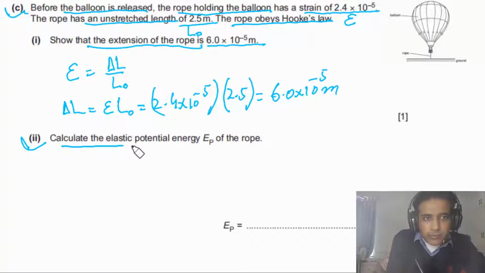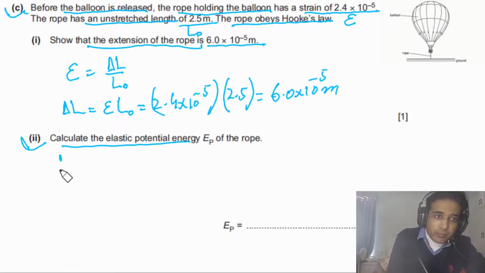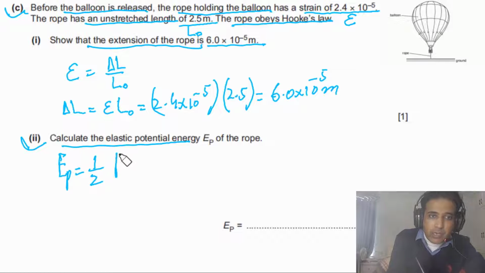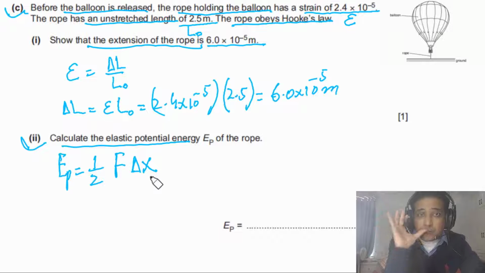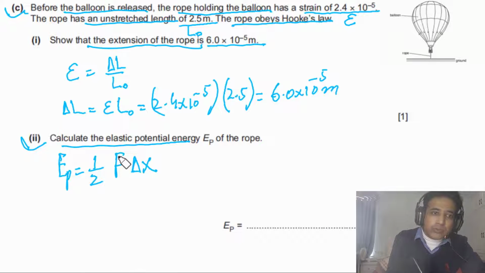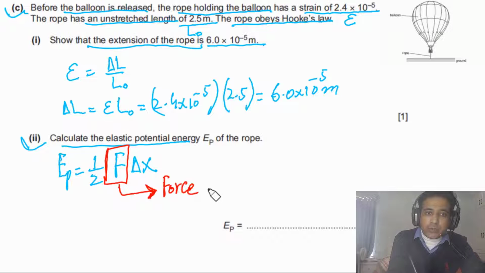The second part says calculate the elastic potential energy of the rope. So elastic potential energy will be equal to 1/2 F times delta X. Very straightforward, if the concept is clear. But I'm quite sure most of you are not clear what this F is representing. F is actually the maximum force acting on the rope, or simply we can say this is the force acting on the rope.